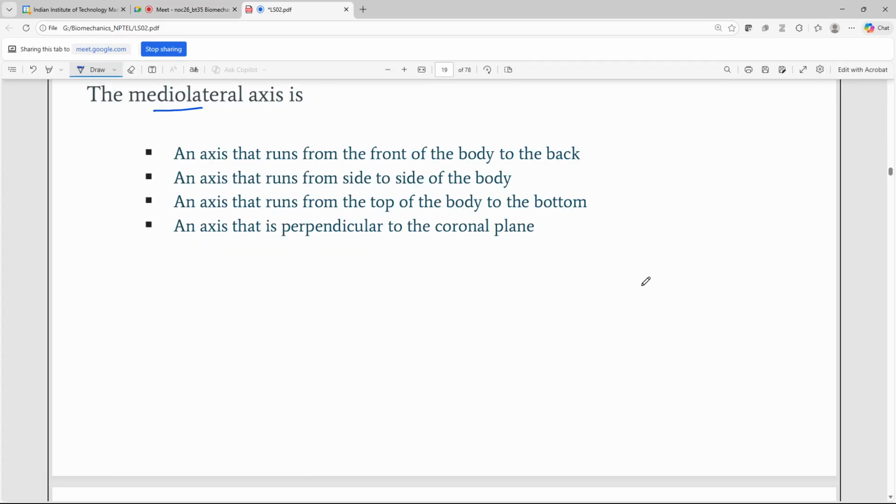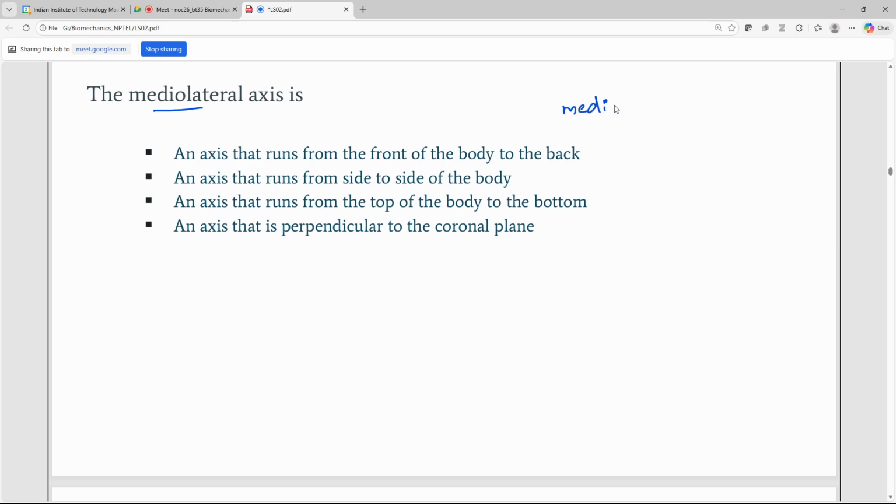Okay, the answer is here. If you see the question, it is saying mediolateral. This is connecting two words, medial and lateral.